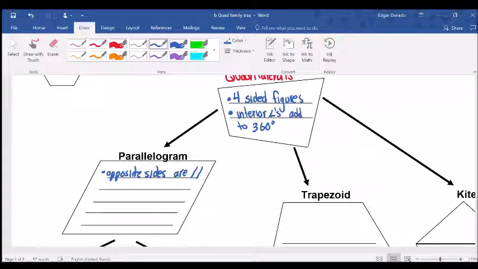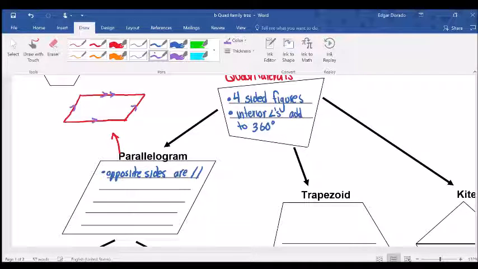Okay, and just to kind of show you that, let me go ahead and draw a quick little picture here. Okay, so I'm going to draw a real quick parallelogram. All right, I'm going to show that it has opposite sides that are parallel. So this side is parallel to that side.